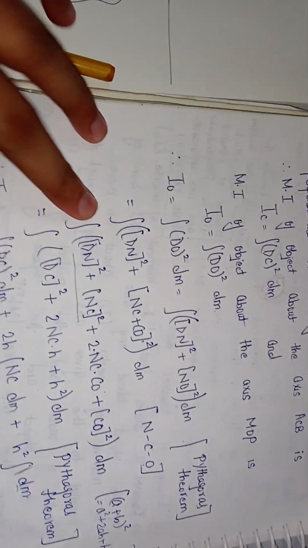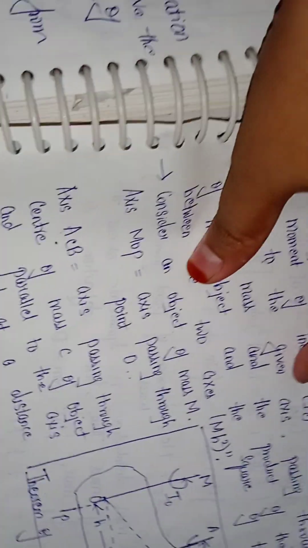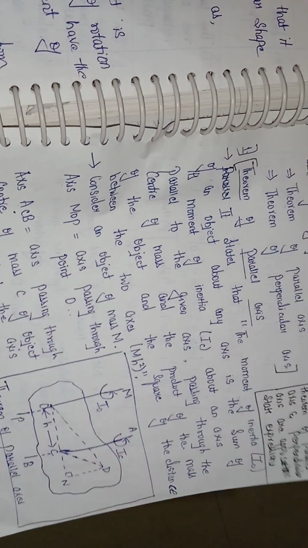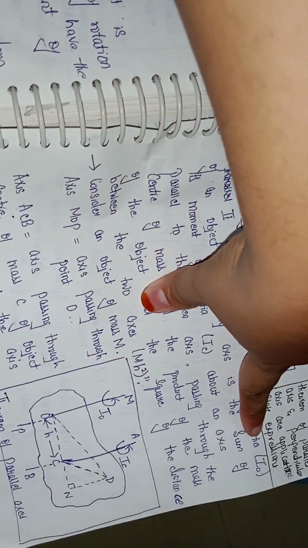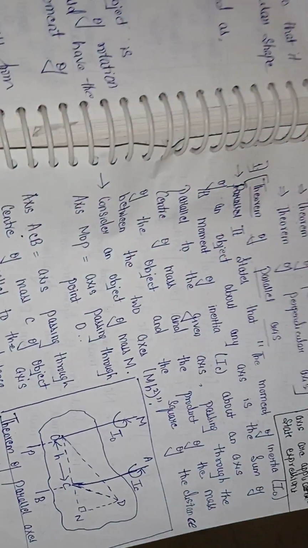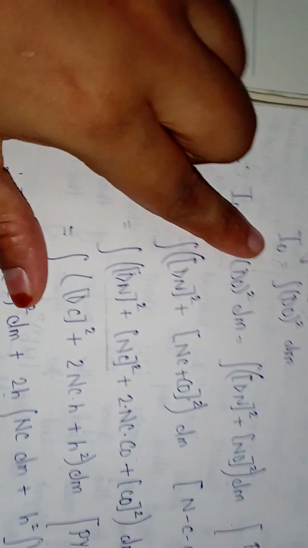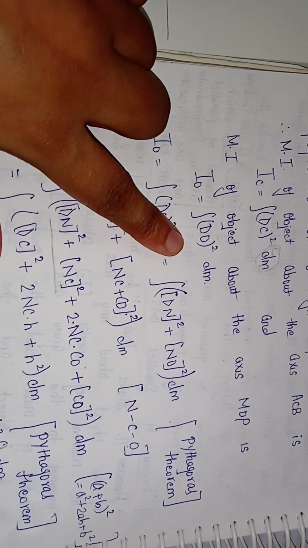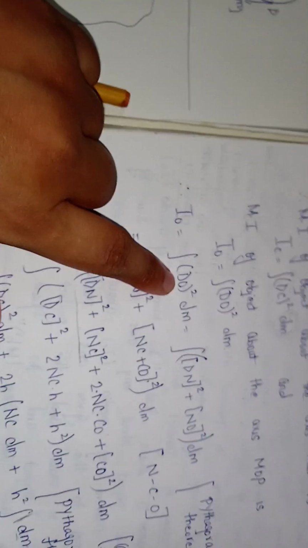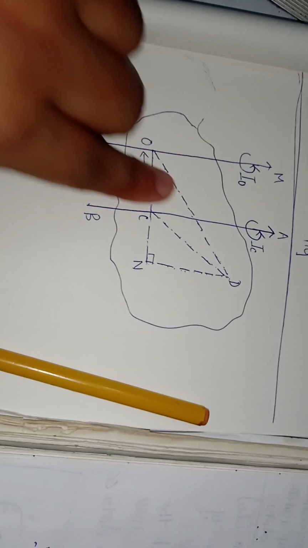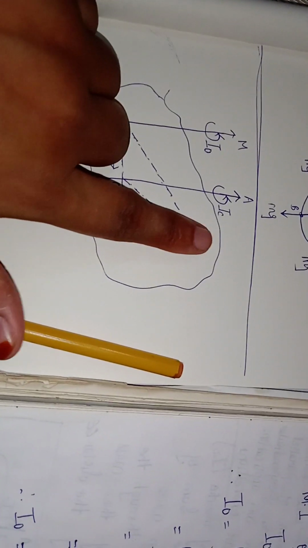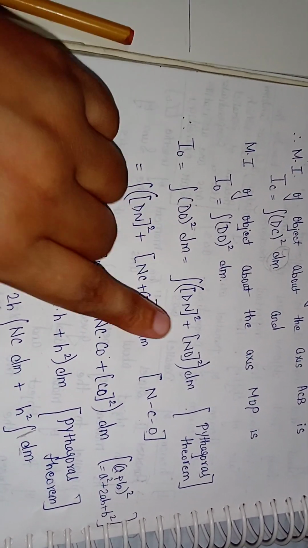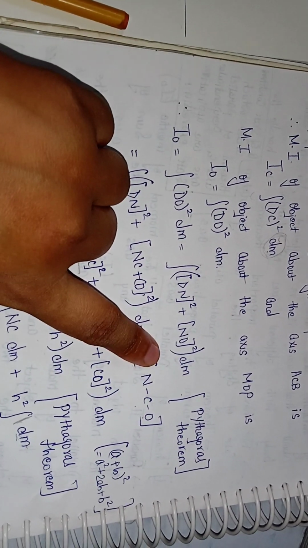Why? Because in the statement we have IO first, and we have to prove the moment of inertia for it. So IO is equal to the integration of DO square dm. If you see DO square, it is a right angle triangle, so DO square is equal to DN square plus NO square.